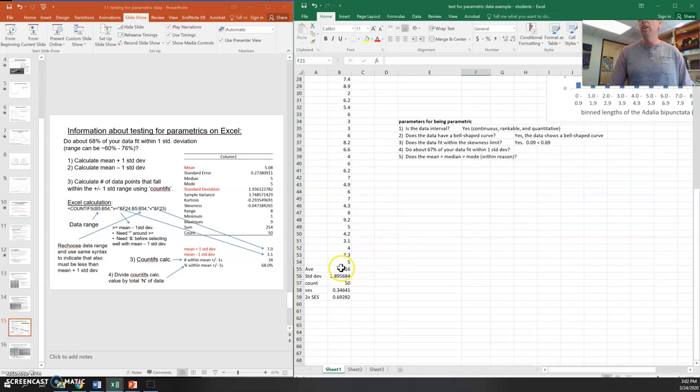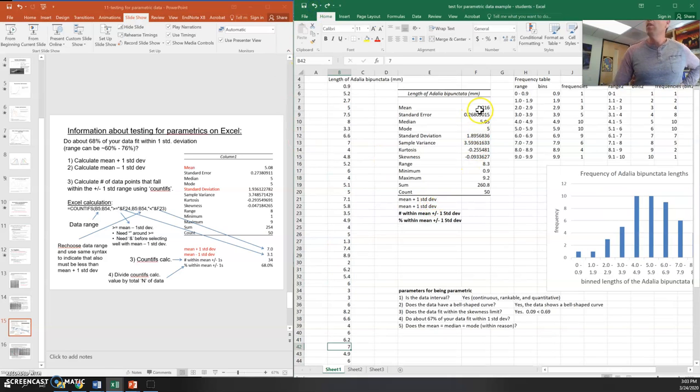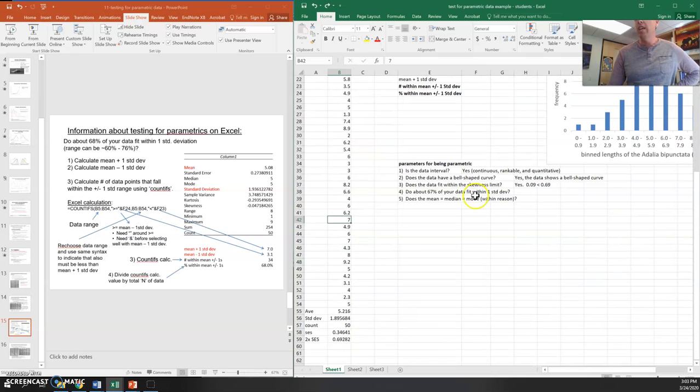So if you've done the average down here, and I change the data, say I realize that this number was incorrect and that number was actually 90, I'm using a huge number just so you see it changes, then all these values are going to change appropriately, right? However, this is static data. This is whatever the data was when you did your descriptive statistics. So if you want data that can change, you need to use this average and this standard deviation, and you can perfectly do that down here. I just want to make that point.